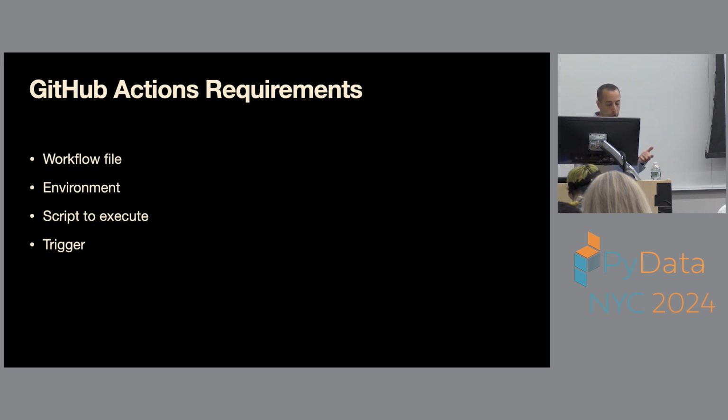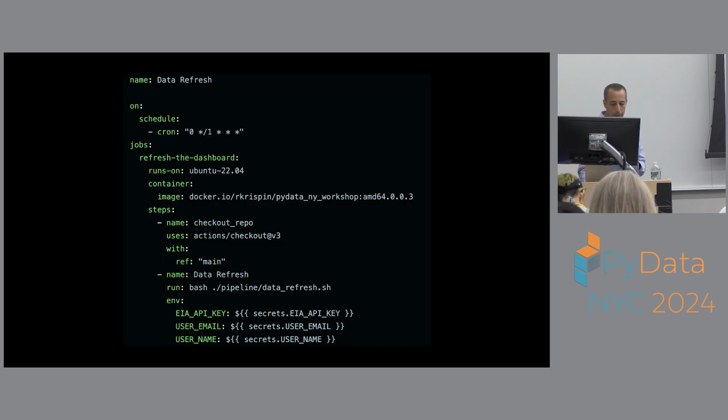The script to execute, so we have a bunch of scripts I set inside the Quarto doc, but you can run just a Python script or Jupyter notebooks. And you need a trigger, the criteria that triggers the pipeline. So here is the example for this pipeline.